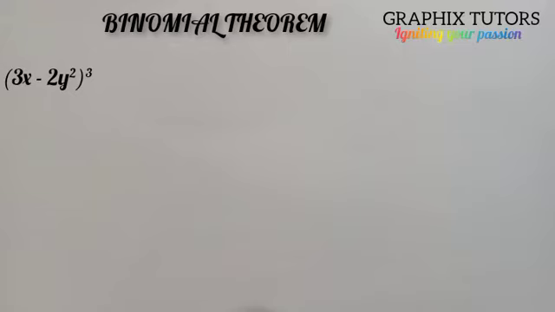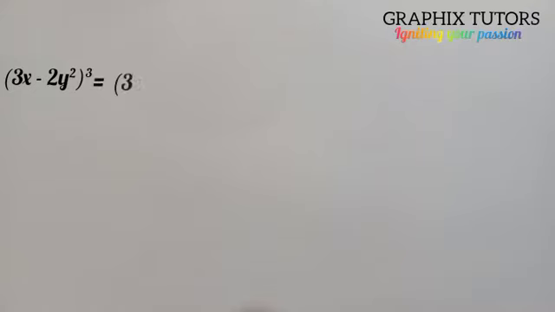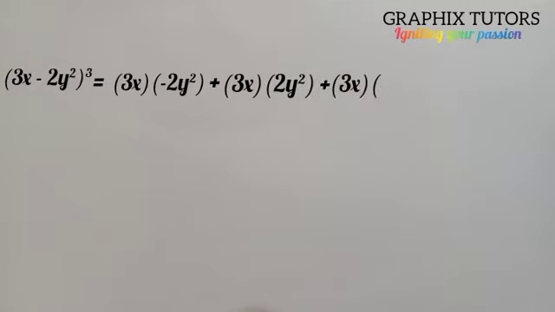So from here, what you do is you take 3x and minus 2y squared into sections, right? The first one we have is 3x and minus 2y squared, that is one section, plus 3x minus 2y squared, 2 section, 3x minus 2y squared, 3 section, 3x minus 2y squared, another 4 section, right?